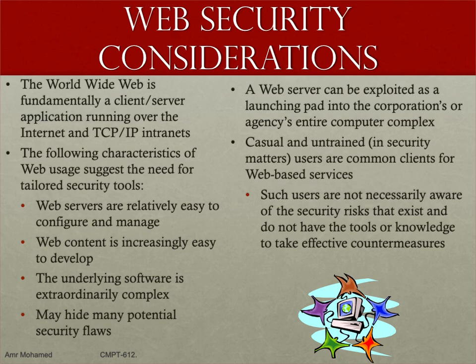So here, the underlying software is extraordinarily complex, and this may hide some potential risks. The fact that it's complex hides some security issues that are not clear, but if you can manipulate the text above it, you can always discover these holes inside that complex framework.